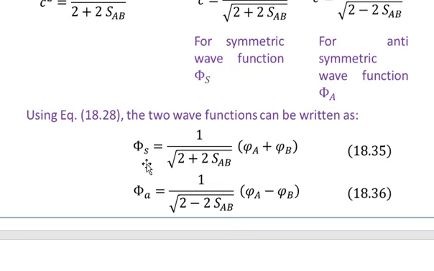So phi S, the symmetric wave function, is equal to 1 over square root of 2 plus 2 times S_AB, and within the parentheses I have phi A plus phi B. And the anti-symmetric wave function is equal to 1 over square root of 2 minus 2 times S_AB, and within the parentheses I have phi A minus phi B. So equation number 35 will give you an expression for the symmetric wave function, and equation number 36 gives you the expression for the anti-symmetric wave function.